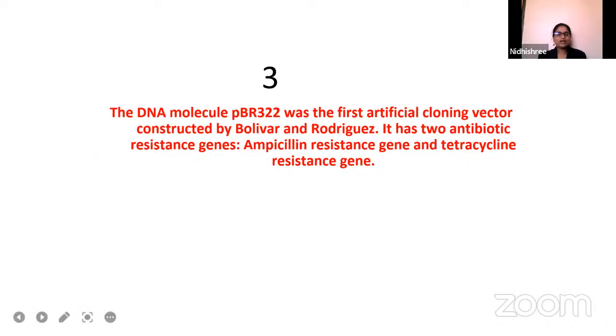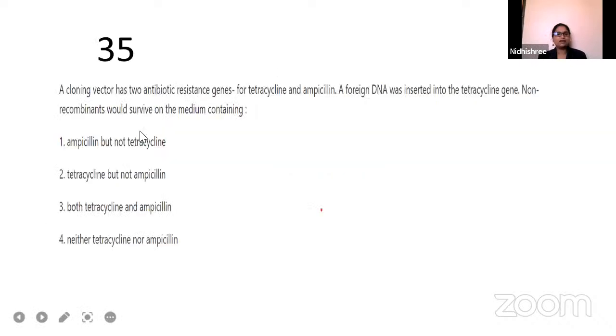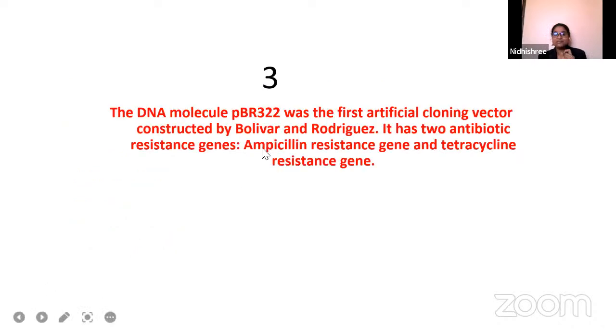So the recombinants will survive on both because the cloning vector has both tetracycline and ampicillin. So the right answer is option number 3. Here we have to remember that the artificial cloning vector pBR322 was constructed by Bolivar and Rodriguez.